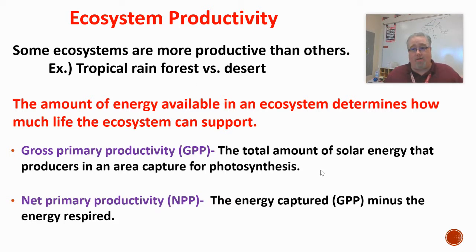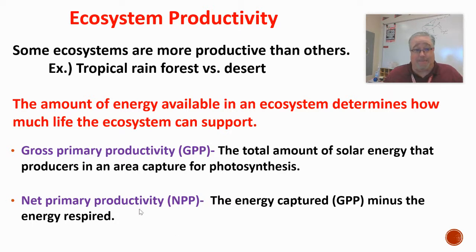Think about all of the solar energy that all those plants can capture, let's say during a day or a week or a year. That's the gross. Now, just because they capture that energy doesn't necessarily mean they're going to use all that energy or that all that energy is going to be available to them.